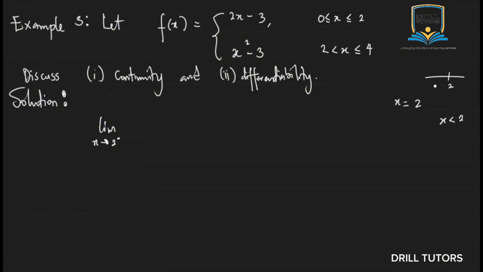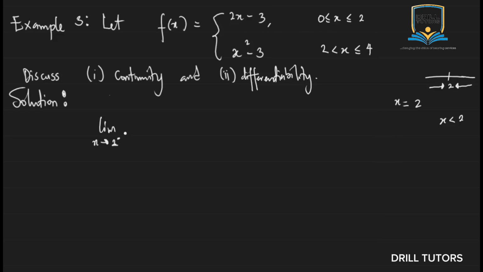So it means that if 2 is here, then x is approaching 2 like this. If it is from the right, it means that x is approaching 2 like this, which means x is greater than 2. From the left, I'm saying x will be less than 2. In this first function, you can see that x lies between 0 and 2.